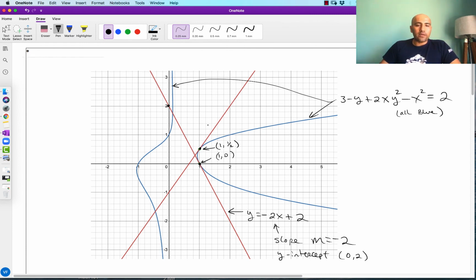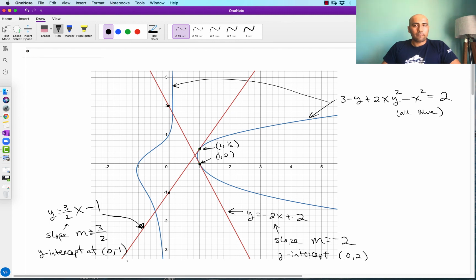The other equation was this one, and this one right here is the tangent line to the point (1, 1/2), and we found that its equation is y equals 3/2 x minus 1. From here, of course, we can tell that the slope of that line is m equals positive 3/2, and that the y-intercept is at (0, negative 1).